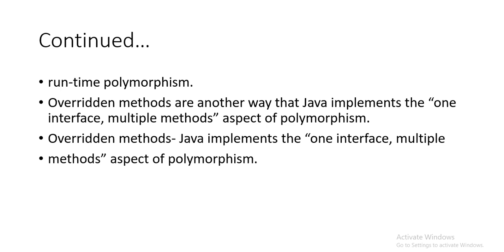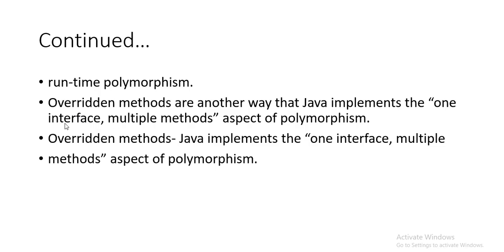Next, just mention this point: overridden methods are another way Java implements the one interface, multiple methods aspect of polymorphism. Don't get confused with this interface; here the interface is considered as a class. One interface, multiple methods means one class, multiple methods.